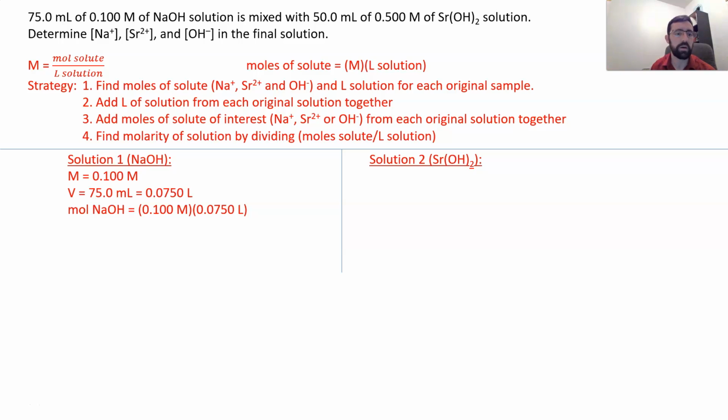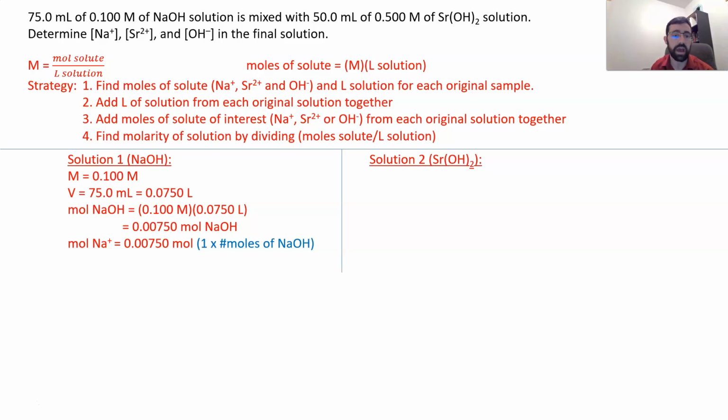The moles can be found by multiplying molarity times volume, and we've got 0.00750 moles of sodium hydroxide. From here, I want to know how many moles of sodium ions I have in this solution. Since there's only one sodium ion in each formula unit of sodium hydroxide, it's going to be the same number. Just 1 times the number of moles of NaOH.